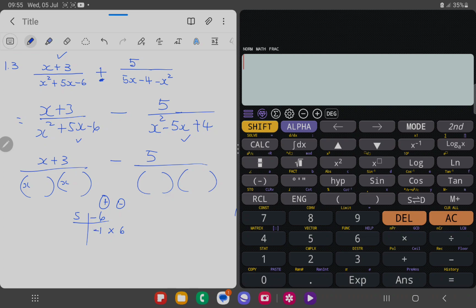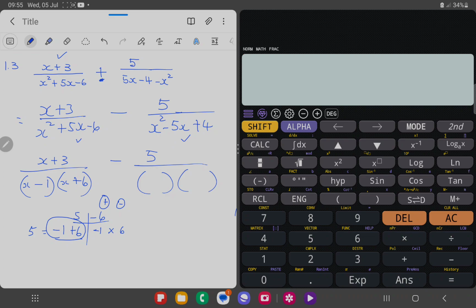So this one becomes negative 1. Excuse me. The factors are negative 1 and 6, and negative 1 plus 6 gives us positive 5. So our factors are a negative 1 and a positive 6.